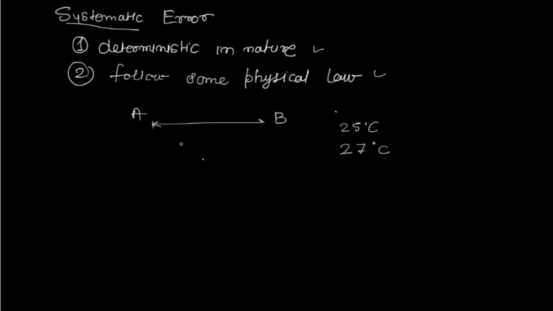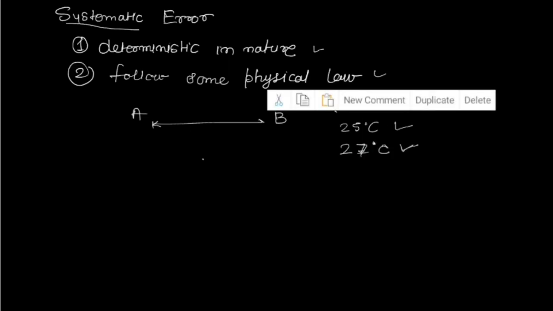You know that with the increase in temperature, the tape will linearly expand. The tape was calibrated at 25 degrees Celsius, and when the temperature rises, the tape linearly increases. And you also noted the temperature when you recorded the measurement.